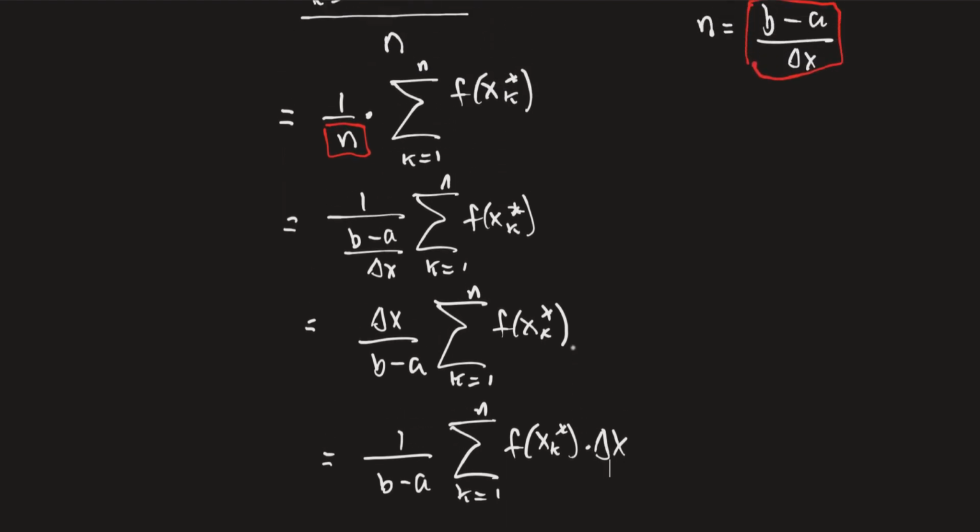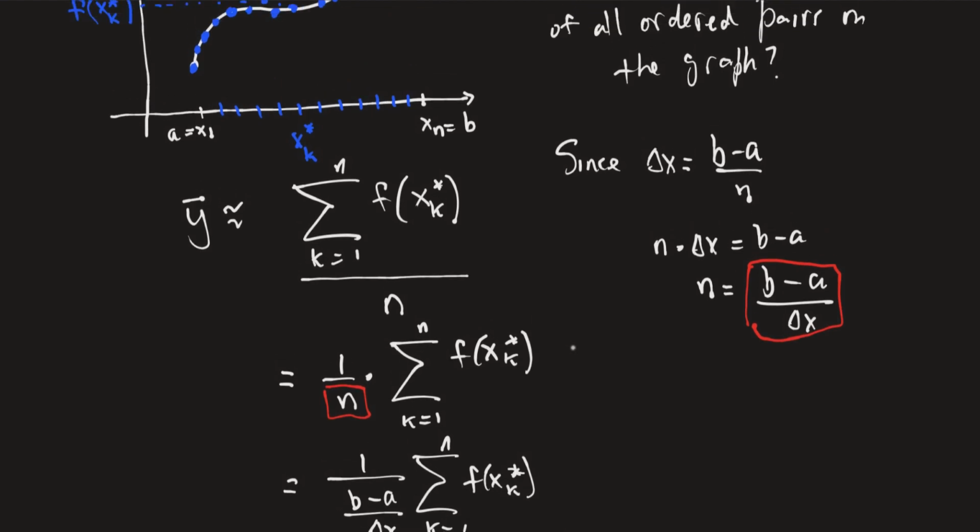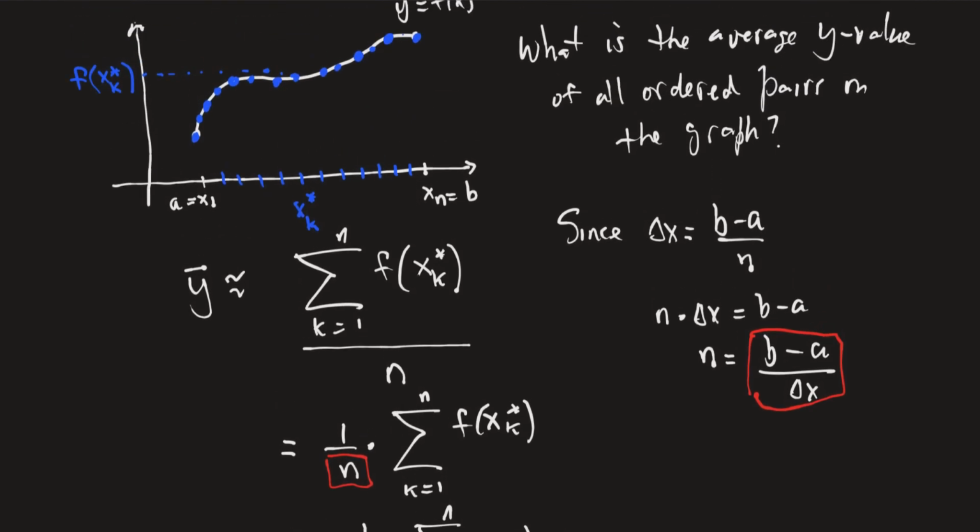What happens when delta gets very, very small? Those blue dots, you have more and more of them, and they get squished together until they start filling in all the gaps, right?